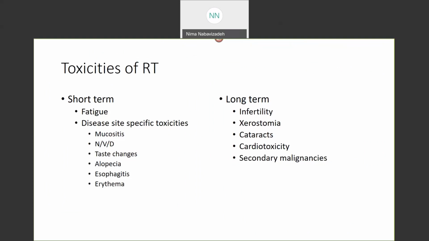For patients who have cutaneous lymphomas, we talk about erythema. For patients with abdominal lymphomas, nausea, vomiting, diarrhea are possible short-term side effects. There are also long-term side effects of radiation: infertility, xerostomia for those head and neck patients, cataracts, and then I'll highlight briefly the risks of cardiotoxicity and secondary malignancies.